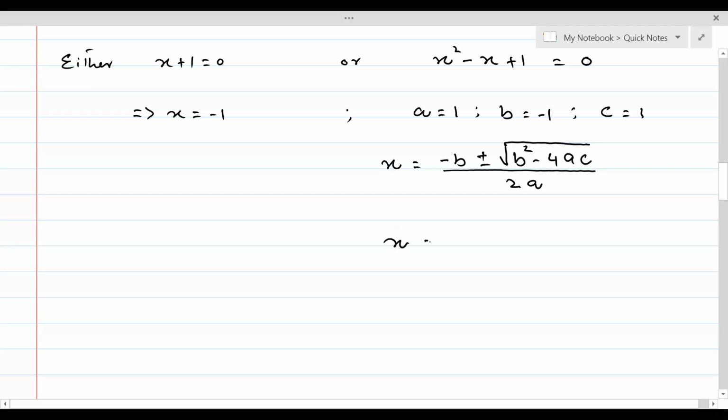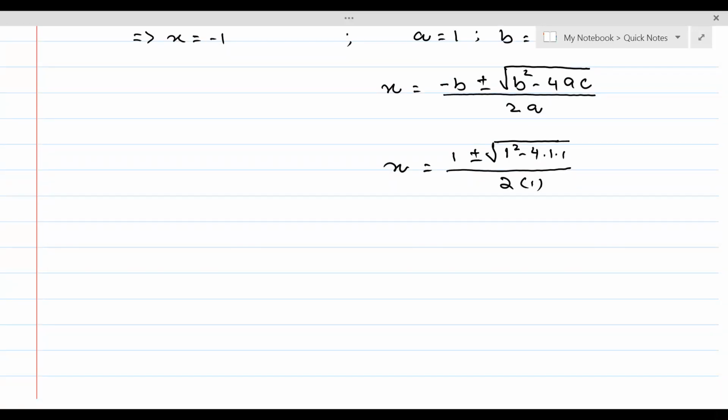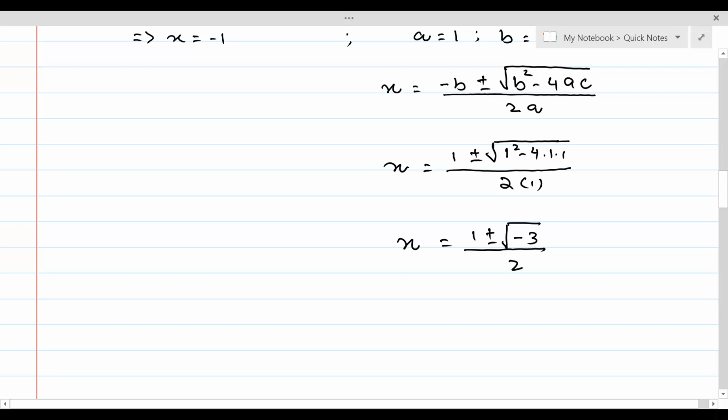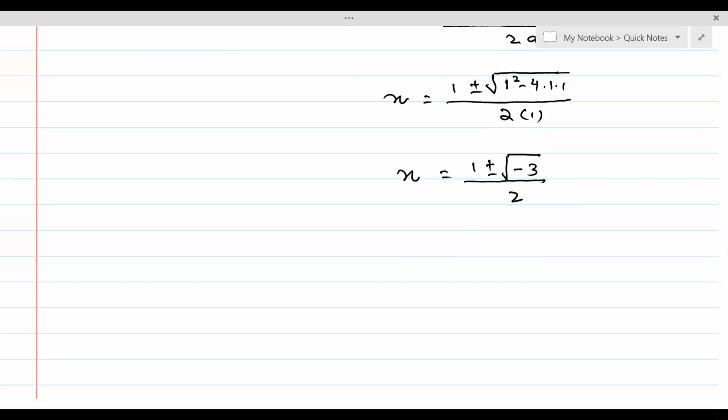or x is equal to 1 plus minus square root of 1 square minus 4 times 1, divided by 2 times 1. So this will give us x equal to 1 plus minus square root of -3 divided by 2, and so the values of the cube roots of -1.